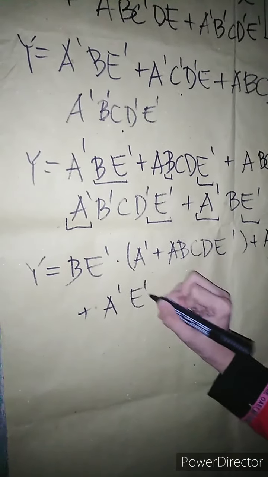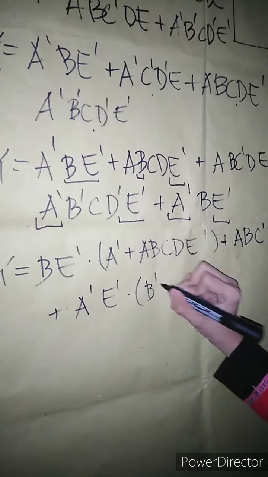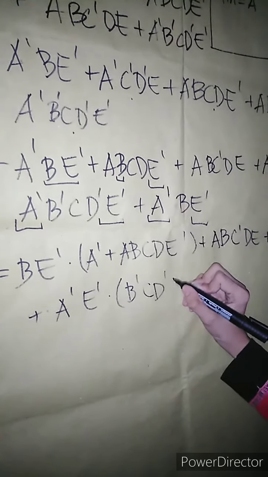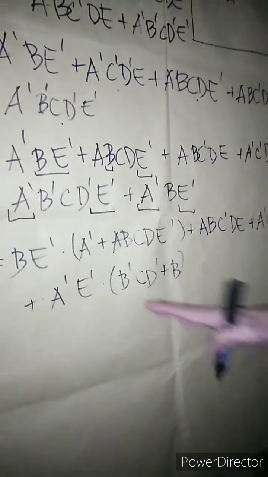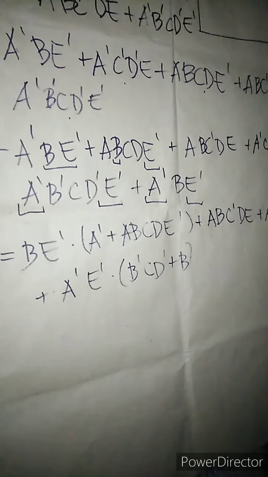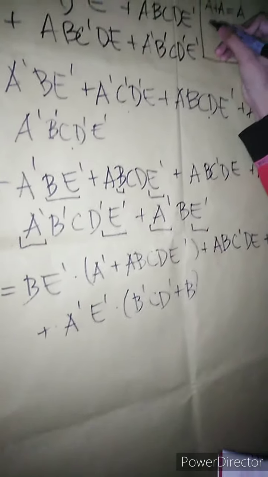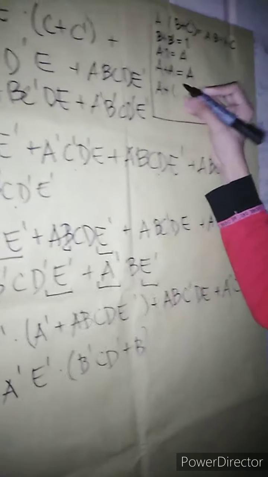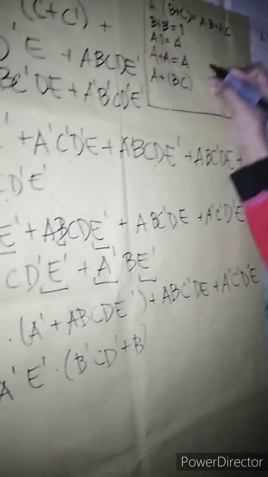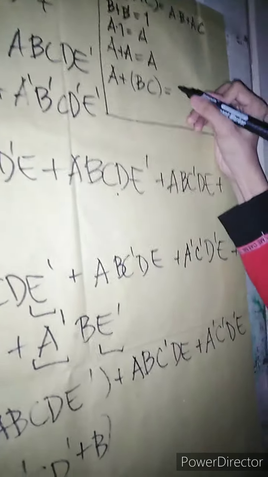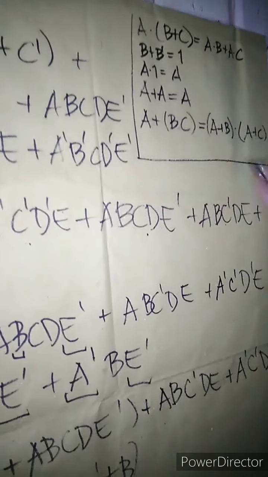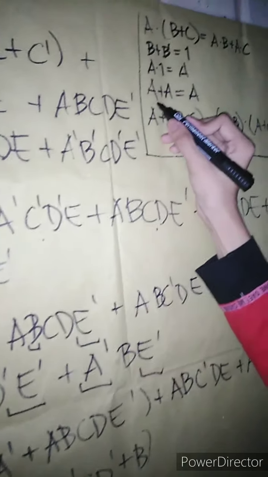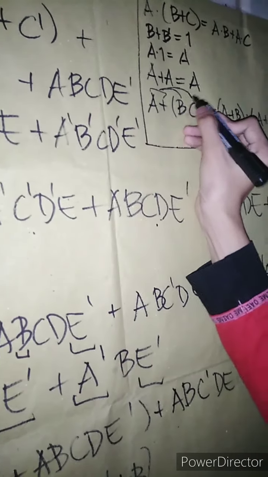A prime, E prime, and B prime, C, D prime, or B. For this one, I will introduce another distributive property. A or the quantity B and C will result to A or B and the quantity of A or C. Kumbaga, ito naman yung na-distribute.